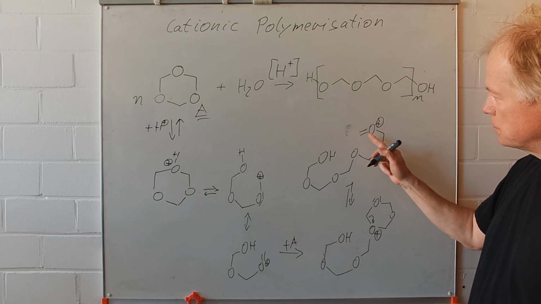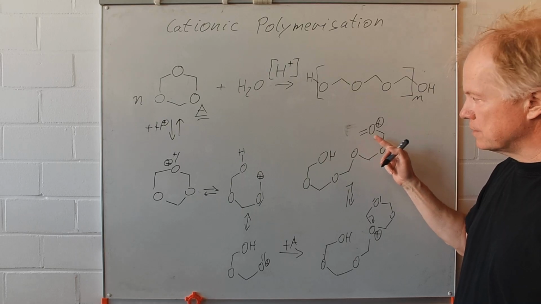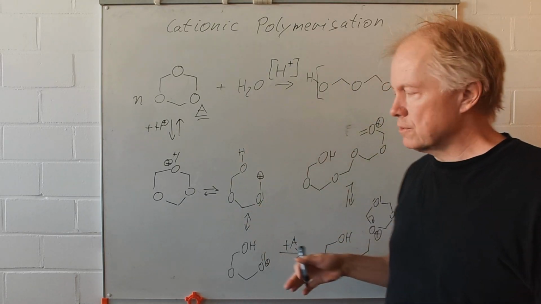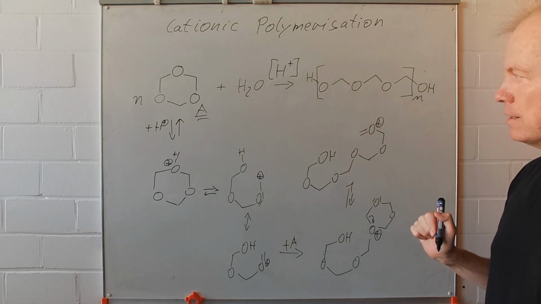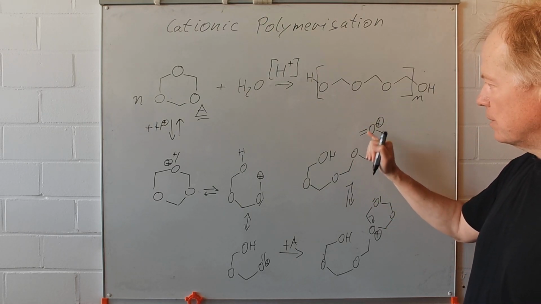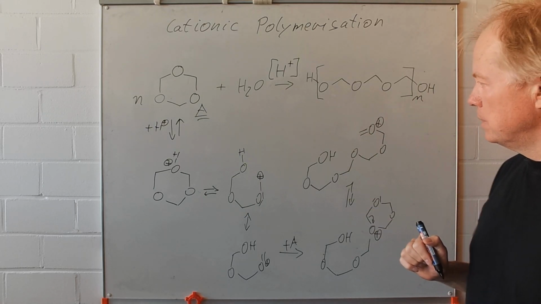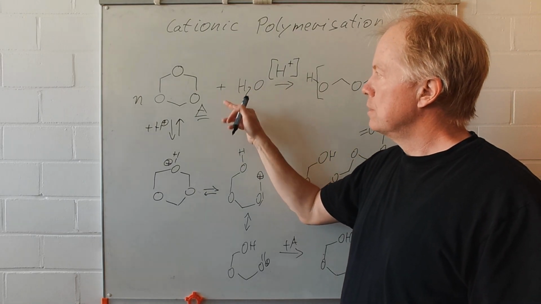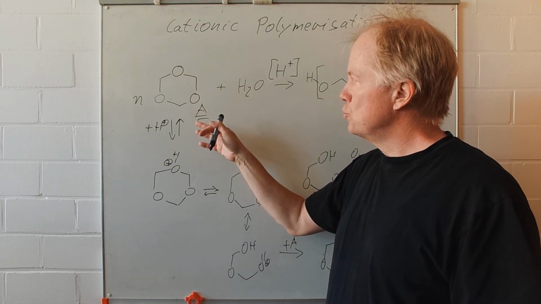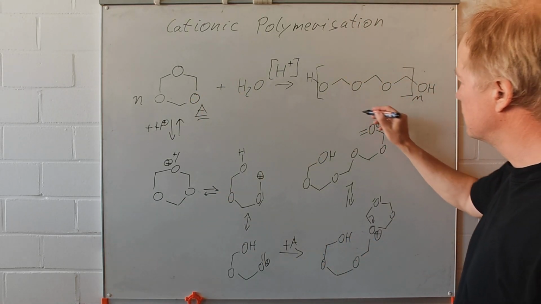And if this carbocation reacts again with the next and the next, the chain will grow, and at the end, somewhere, it will be trapped by a hydroxyl ion. Overall, one equivalent of water is added to n times this trioxane.